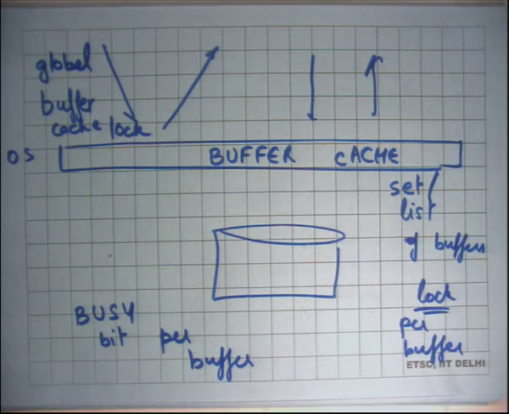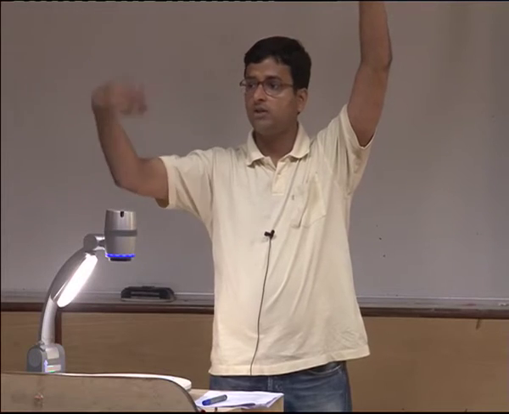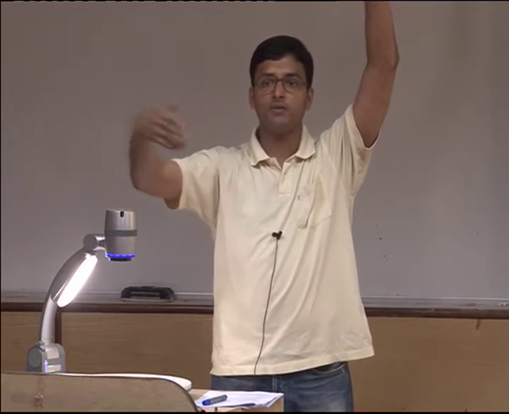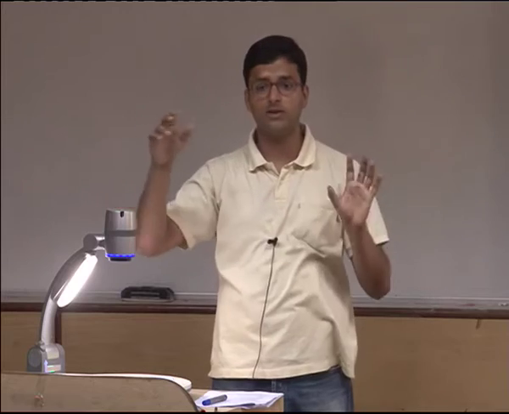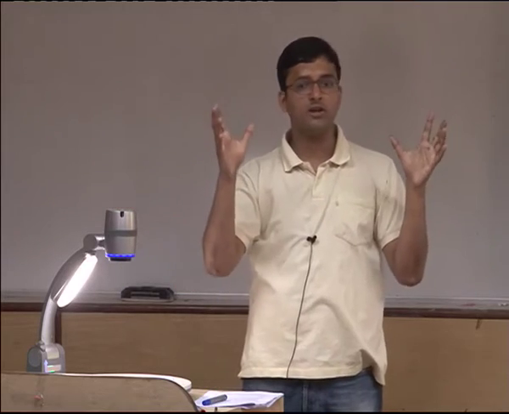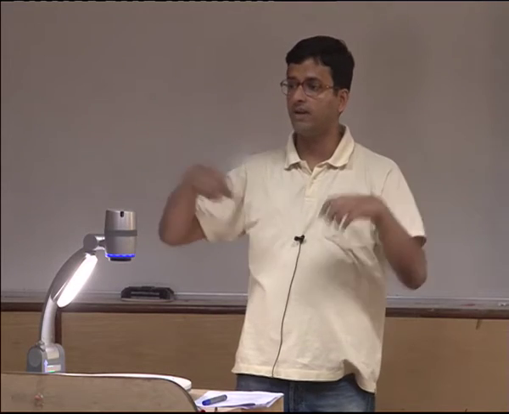So the idea is that I'm going to take one global buffer cache lock to do mutual exclusion over these busy bits, which act as per buffer locks, and then once I have taken the lock, I'm going to release the global buffer cache lock, right? So the global buffer cache lock is a spin lock that allows you to implement these blocking locks via these busy bits.